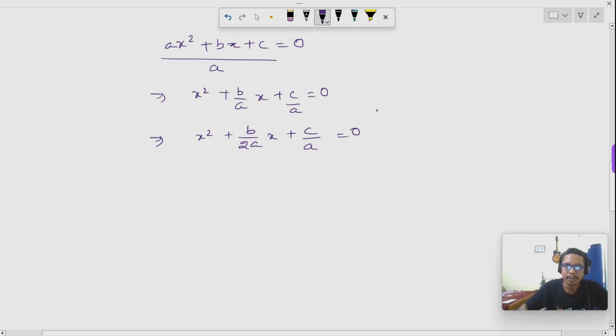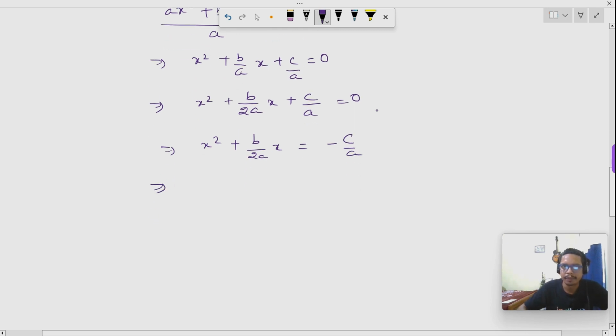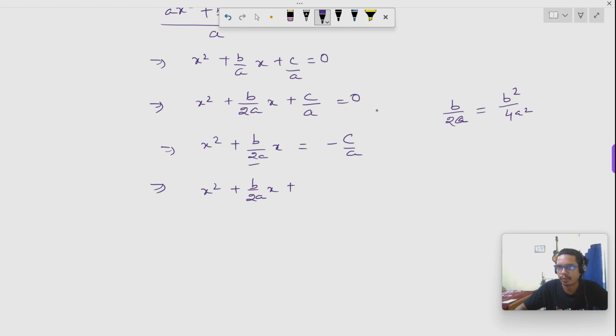So in the next step, x square plus b over 2a x is going to be written like this, and in the further steps it could be written like this: x square plus b over a x. Just write down the squaring part of this coefficient of x. The square of this b over 2a is going to be b square over 4a square.